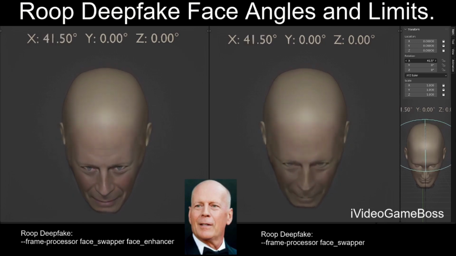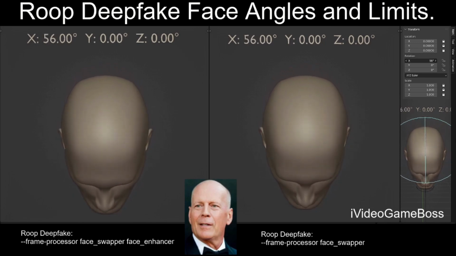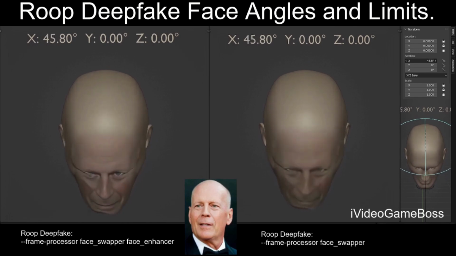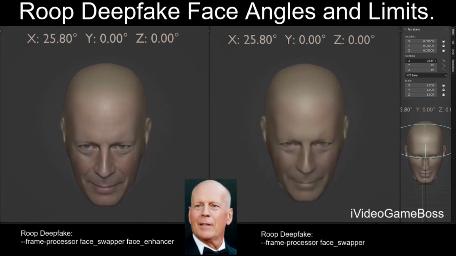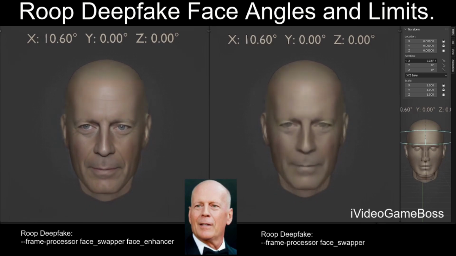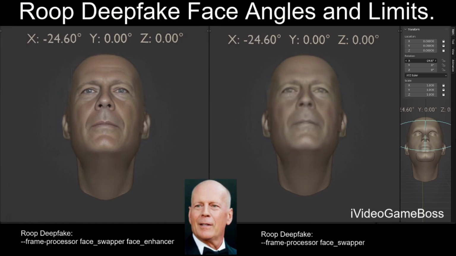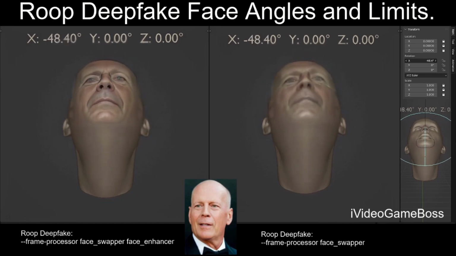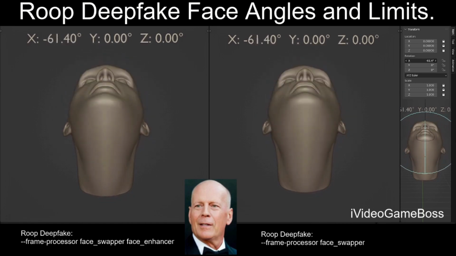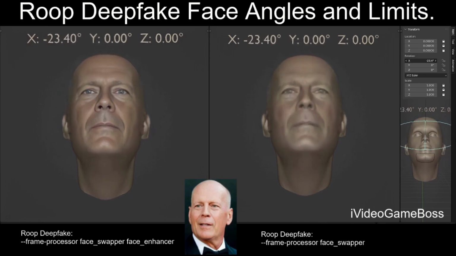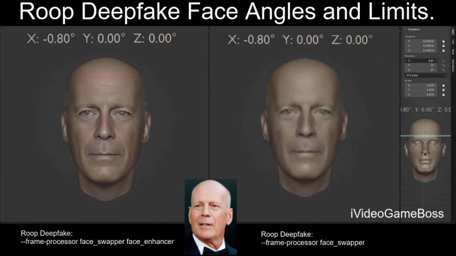You will see that when we are rotating the head up and down 30 degrees, it's basically the sweet spot where we get really good faces. When he starts to look up, as soon as we pass 30 degrees is when the face will start to collapse. Now I'm going to demonstrate this by rotating the head to almost a 3/4 view, around 20 degrees.